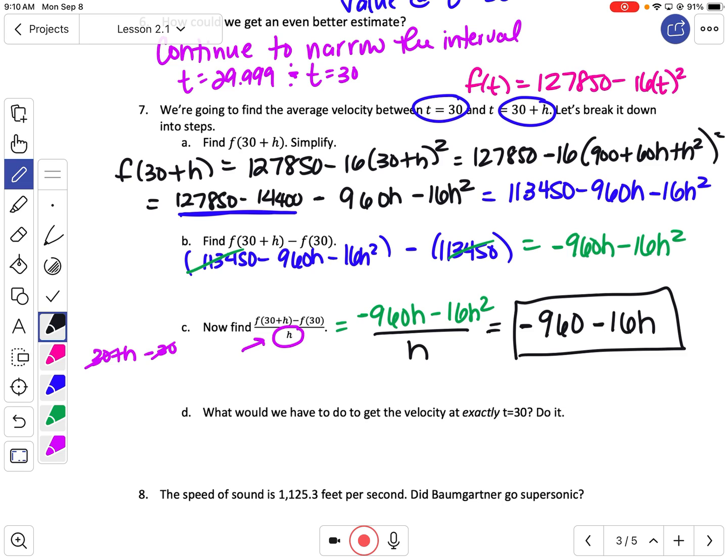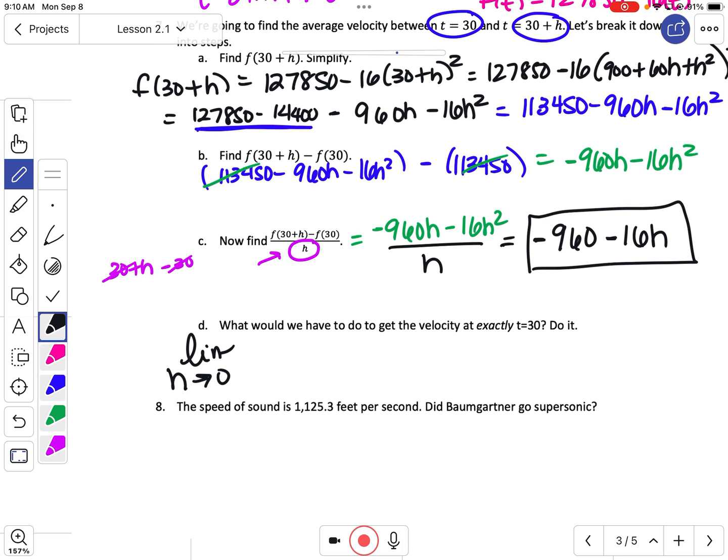What would have to happen to h? What do we do in calculus when we want to get really, really close to something? Yes, we're going to take a limit as h approaches 0. We want the distance away to be as small as possible.